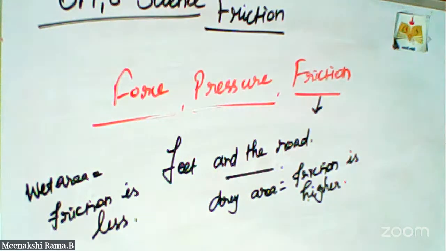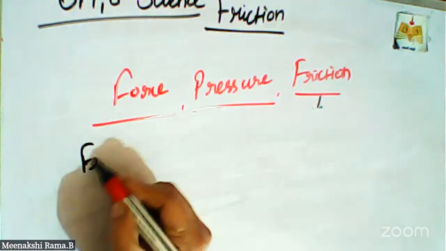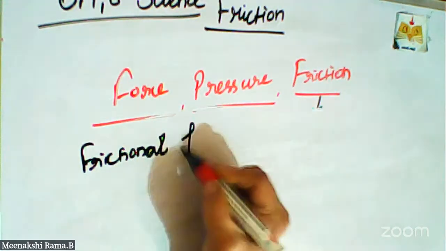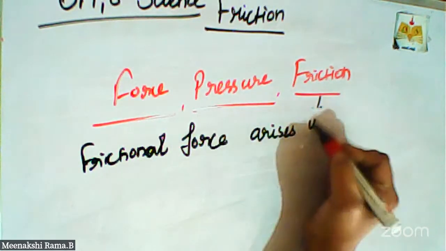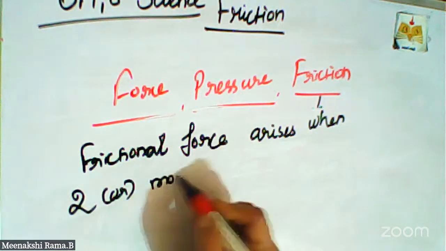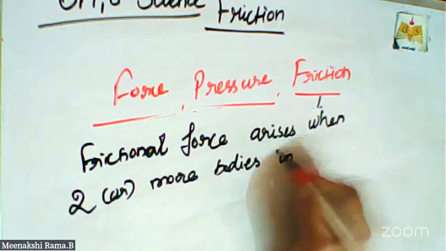So frictional force, or friction, arises when two or more bodies are in contact and move or tend to move. This is called friction. Friction means friction force. Frictional force arises when two or more bodies are in contact.